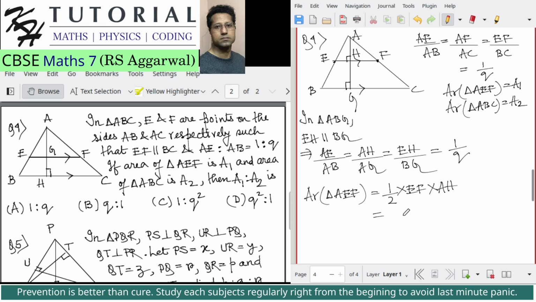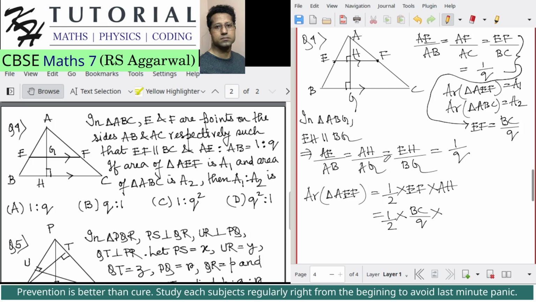Now what is EF? Remember, we have AE by AB equal to AF by AC equal to EF by BC. So from here we can say that EF by BC is equal to 1 by Q. So I can say EF is equal to BC by Q. So this is equal to half multiplied by BC by Q. And what is AH?